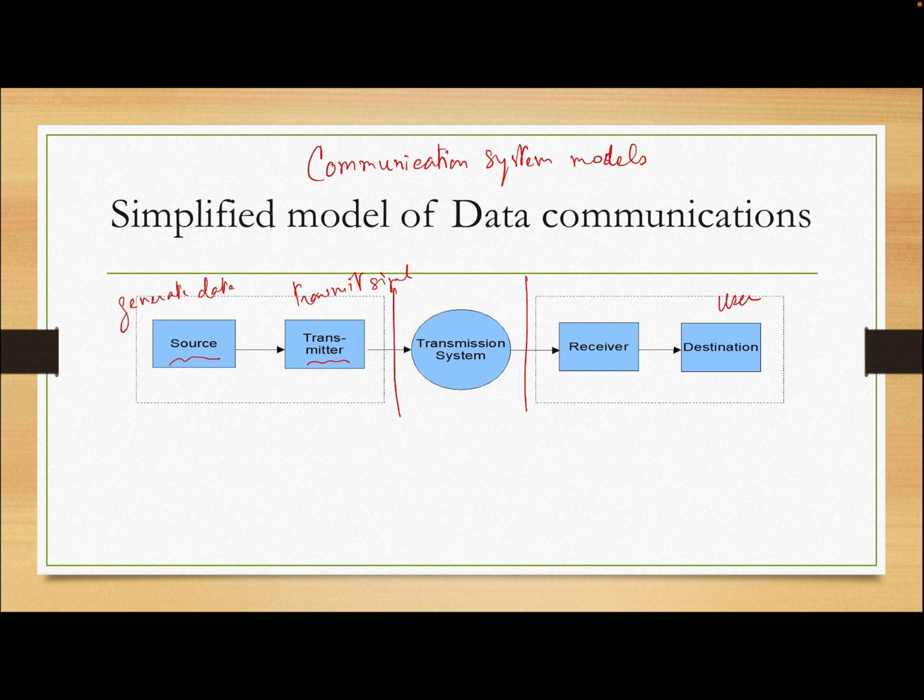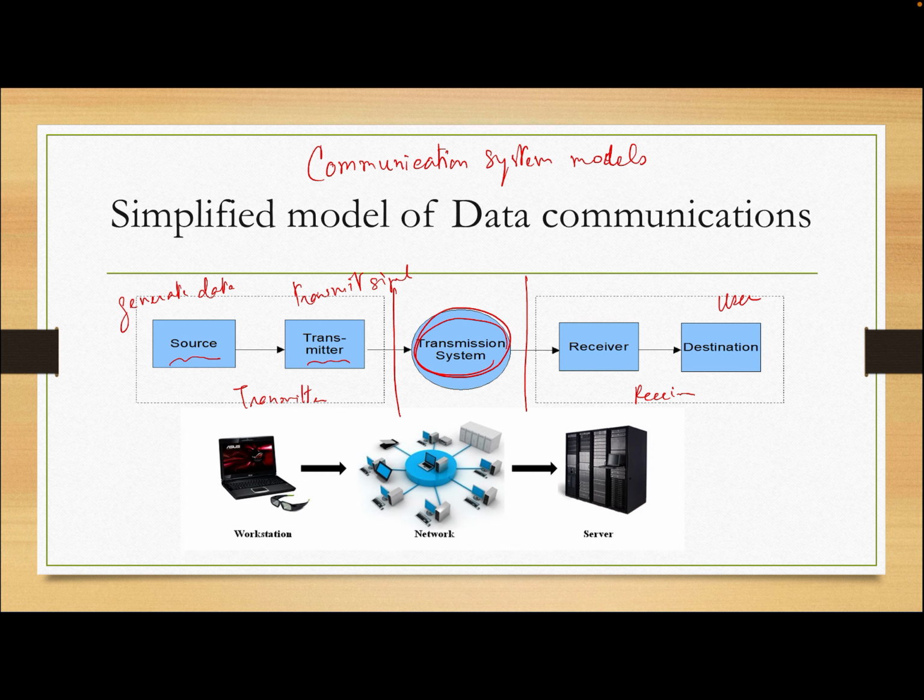So we basically have three parts: the transmitter side, the receiver side, and the transmission system in the middle. Let's look at some examples. Transmission system can be a network. The network can be like a local area network, LAN. It can be the internet.